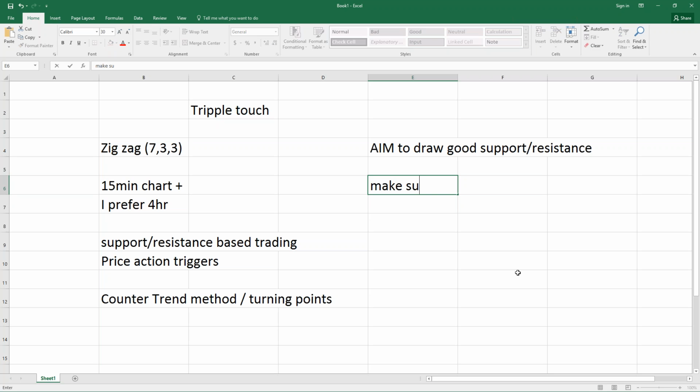Make sure we have at least 1.5. Oh, I just hit delete accidentally, sorry.